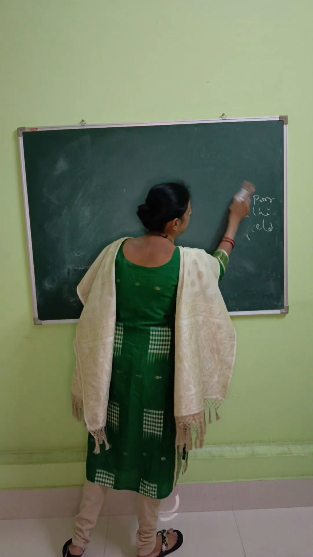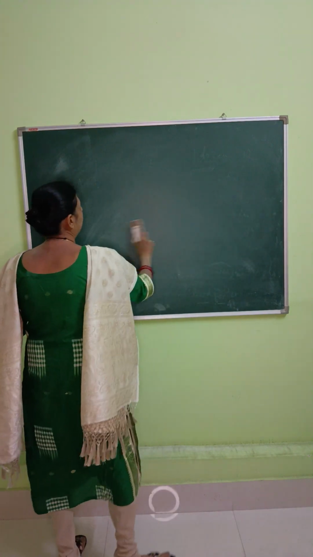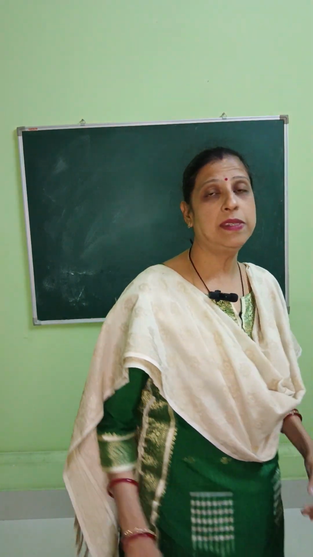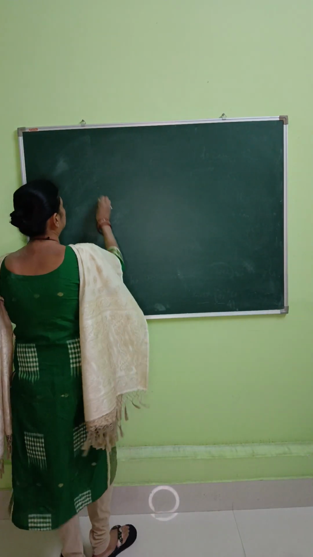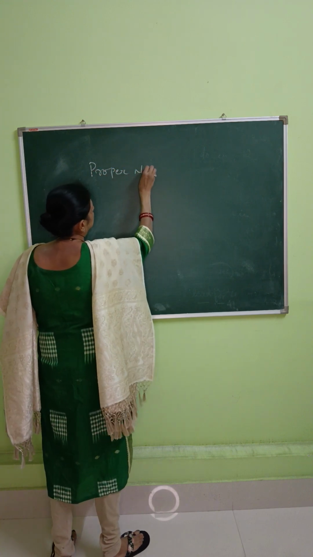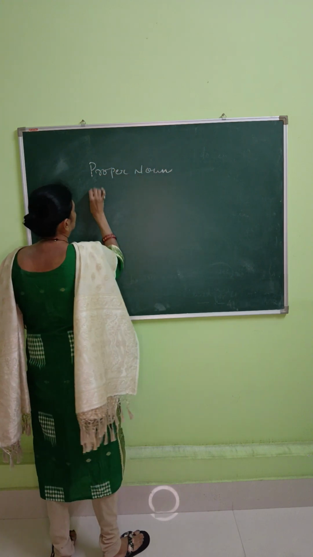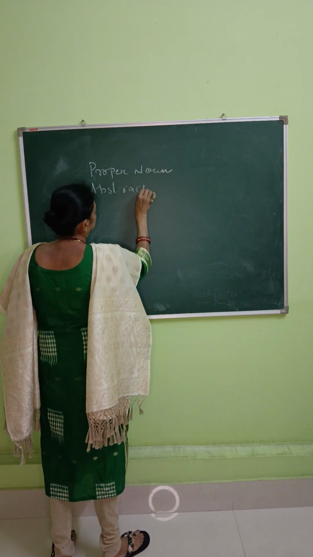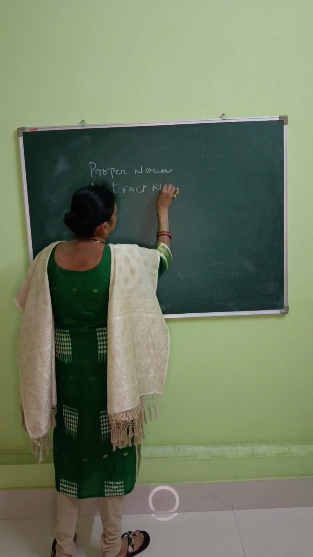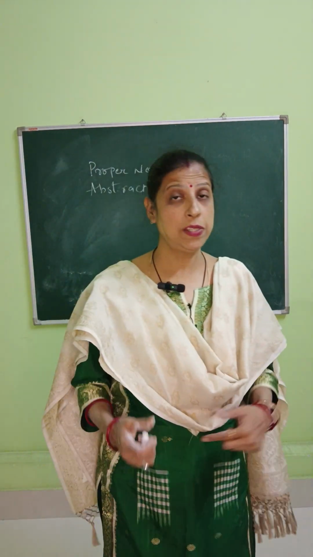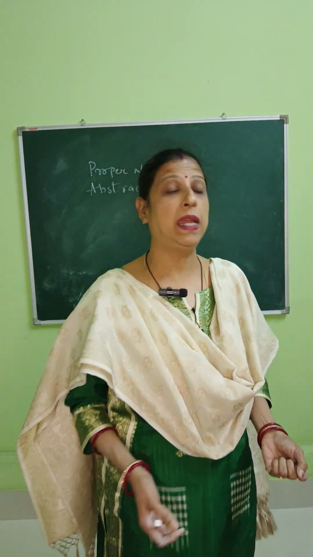There is another key point which you will have to remember, and that is, the fourth key point is proper noun. I guess you might know what a proper noun is.